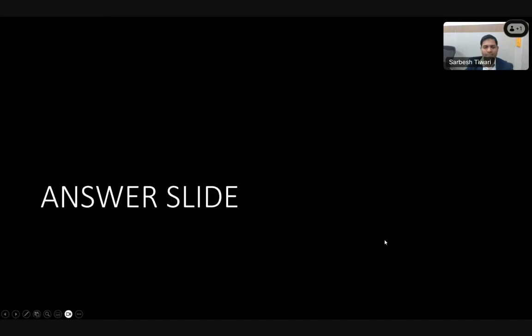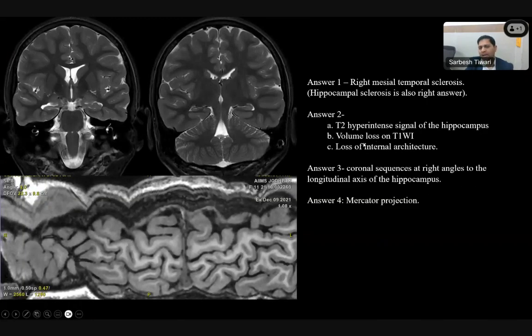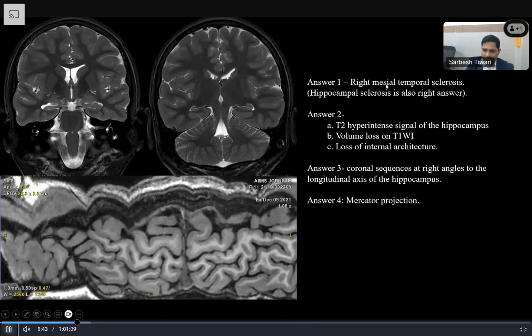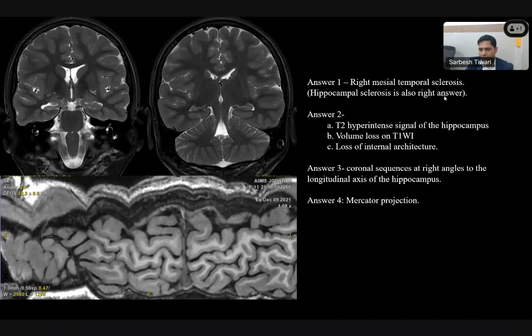So let me go to the slides. So you've answered, it's the right mesial temporal sclerosis. We have answered question 2.